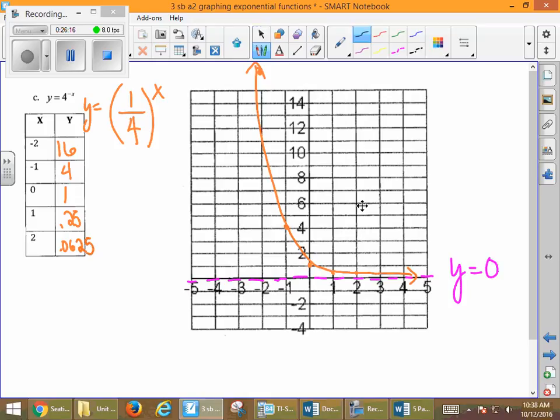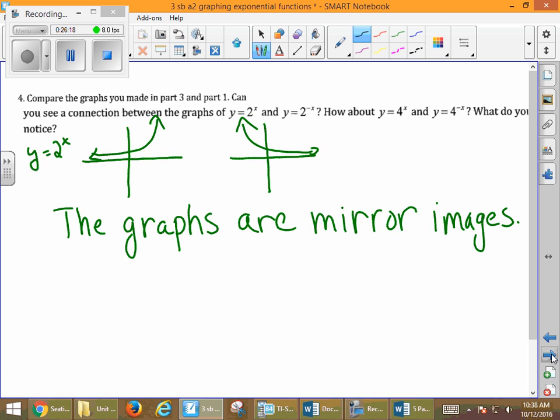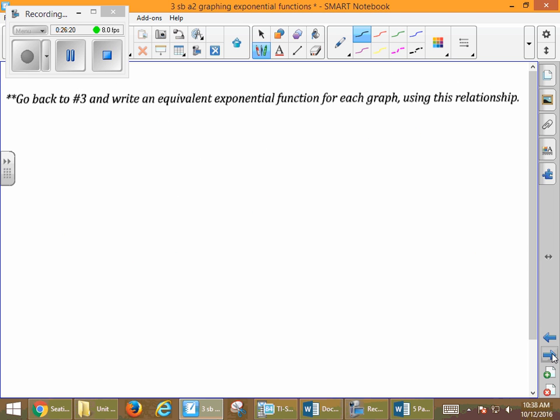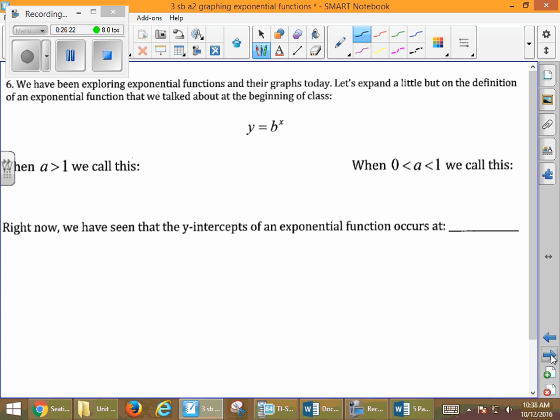And then to summarize, we've been exploring the exponential functions and their graphs today and even yesterday. Let's expand a little bit on the definition of the exponential functions that we talked about at the beginning of class. I've been talking in terms of b.